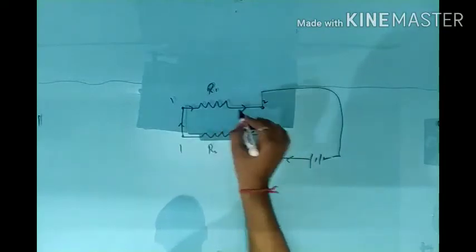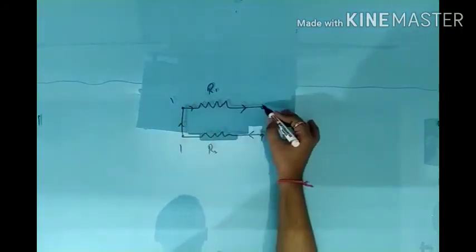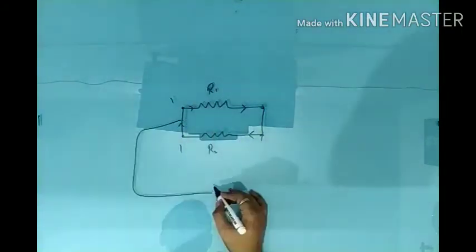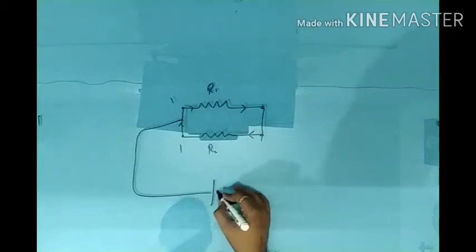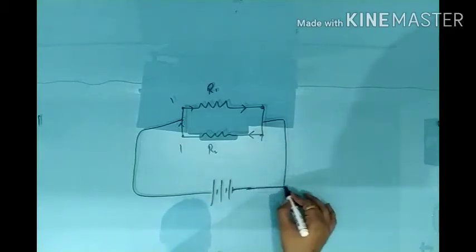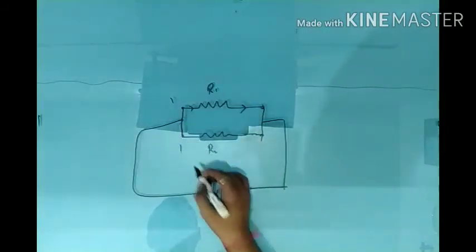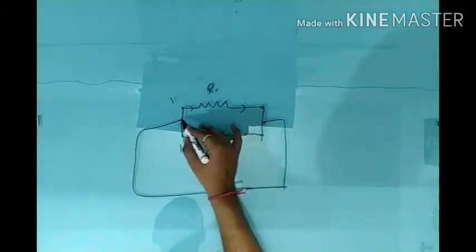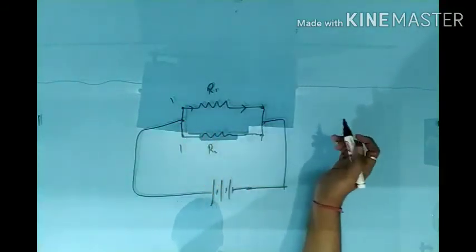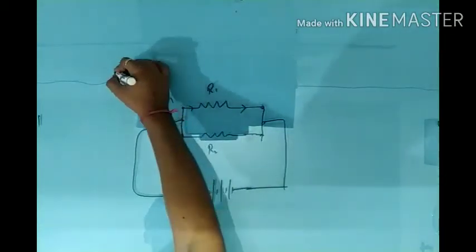Now, second option: if both terminals are first connected to each other, and then we connect a battery to the resistance, then both the terminals are connected to each other and then to the circuit. It means this circuit is parallel.